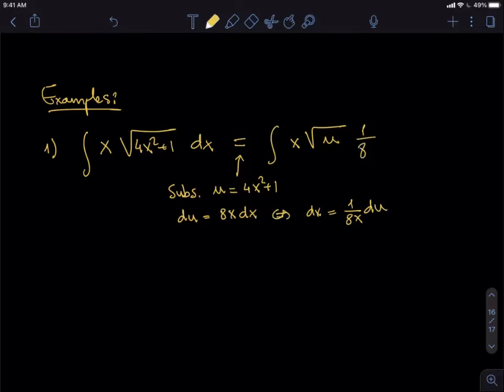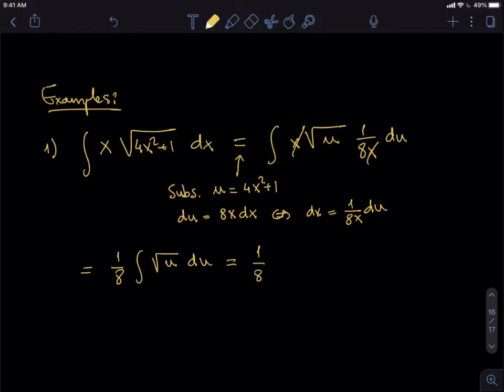So 1 over 8x du, the x's cancel out, and we get 1 over 8 integral of square root of u du, which is not a big deal. Okay, this one looks very easy.